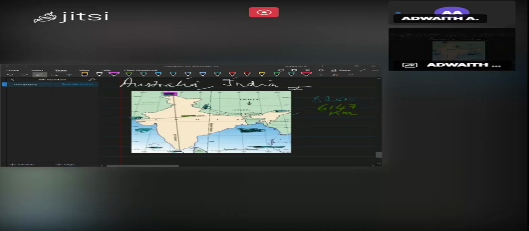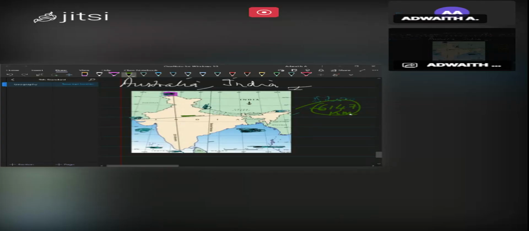It is almost 15,200 square kilometers. So 6147 kilometers on the total extent of India, latitude and longitude.